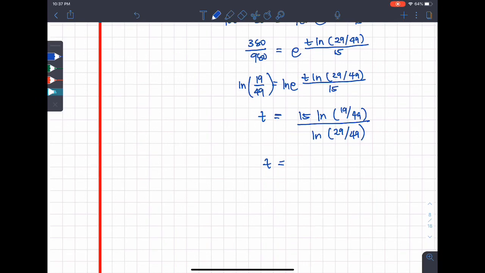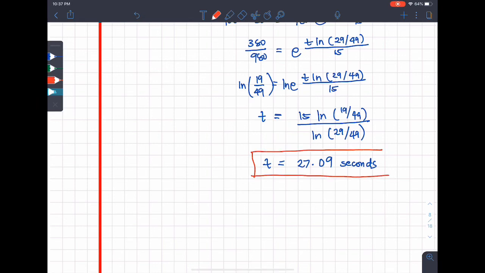So we have an answer, which is equal to 27.09 seconds. So it would take 27.09 seconds for the metal rod to decrease its temperature to 400 degrees Celsius.